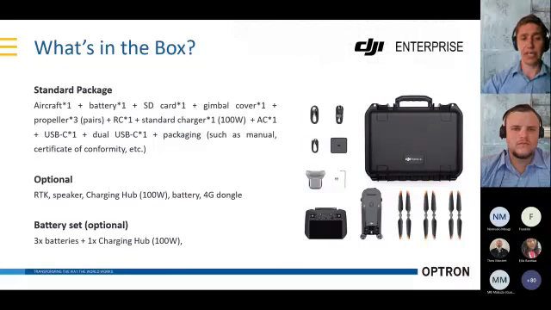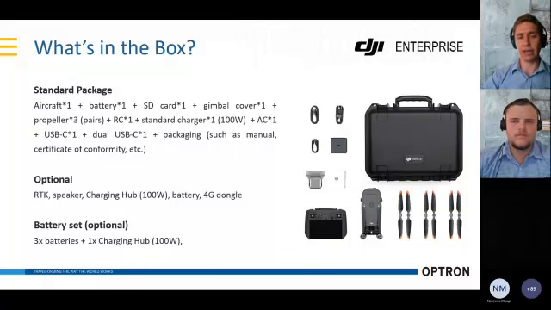And then the other optional part is a battery set. See this as almost like a fly more kit where you can have 3 batteries with a charging hub to charge your batteries. But ultimately, guys, this is just some of the components, the standard package and also the optional accessories that you can add to your Mavic 3 Enterprise unit.